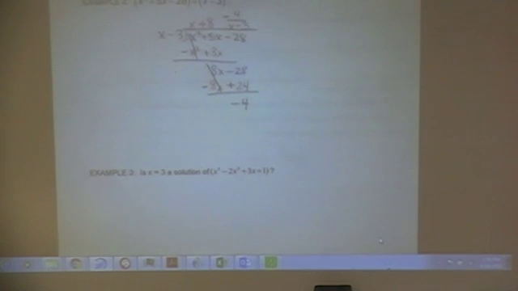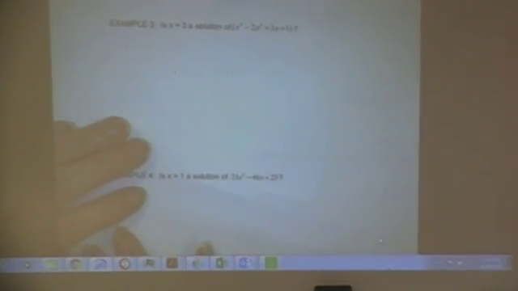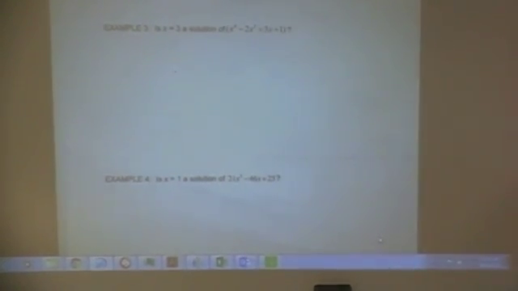Okay, so on example 3, it's asking me if x equals 3 is a solution of this. So x equals 3, I'm going to find out by dividing, but x equals 3 is not a polynomial. And if I'm going to do division, I need a polynomial divided by a polynomial.